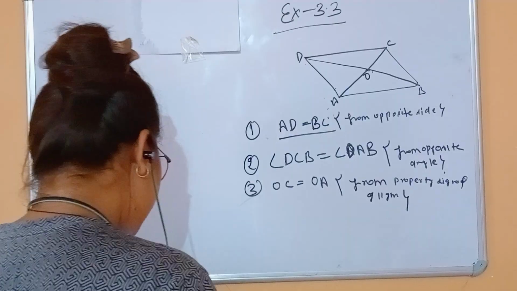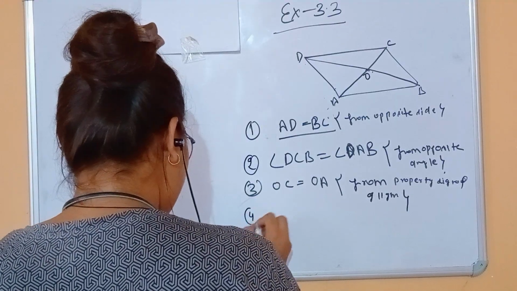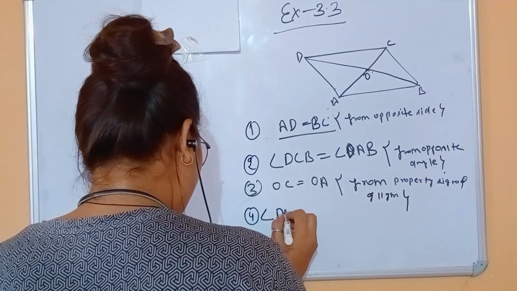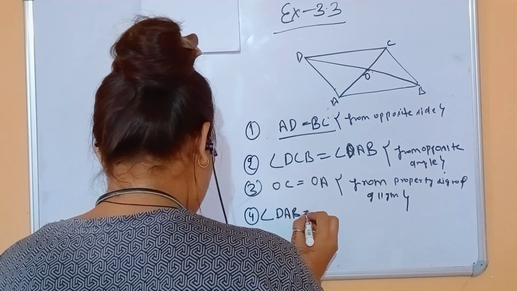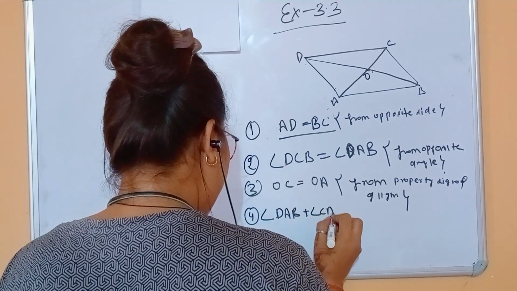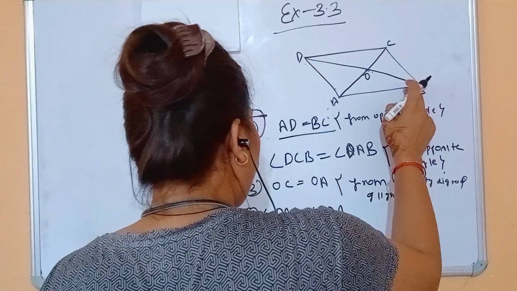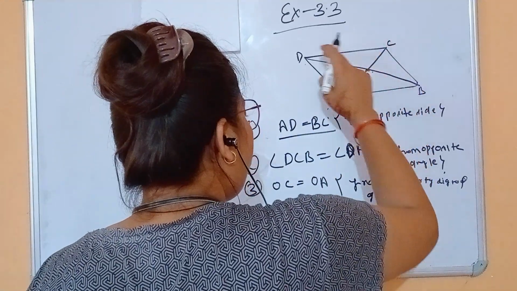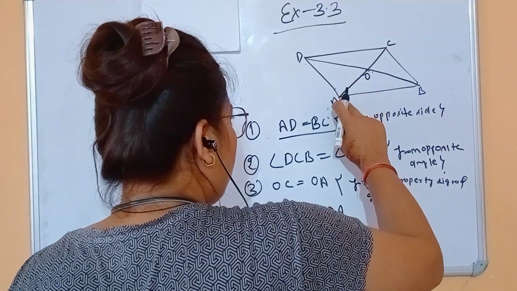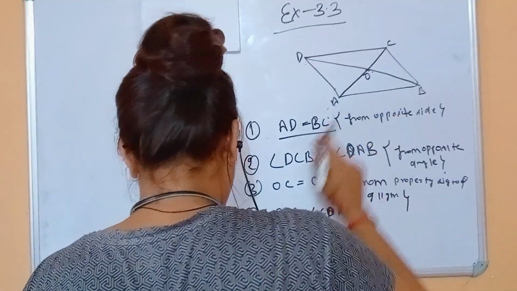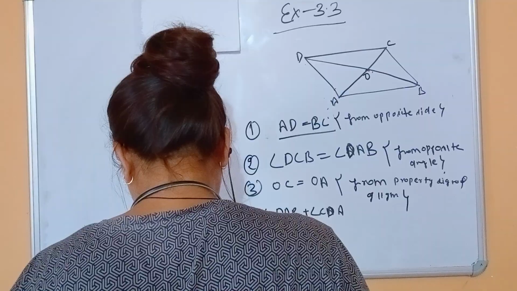Okay. So fourth it says angle DAB plus angle CDA. Angle DAB is equal to angle CDA.